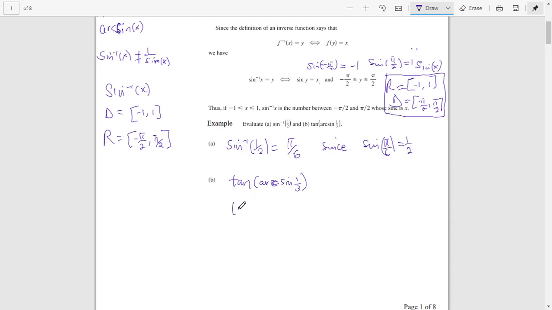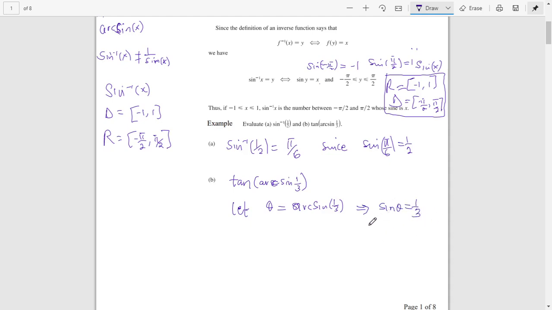Let me say, let theta be the arcsine of 1/3. I know this will be an angle. I don't know what the angle will be. This implies that sine of theta is equal to 1 over 3 by definition of inverse sine.